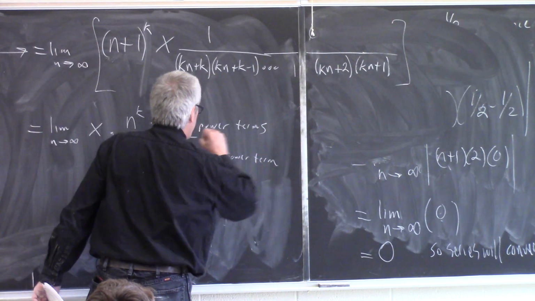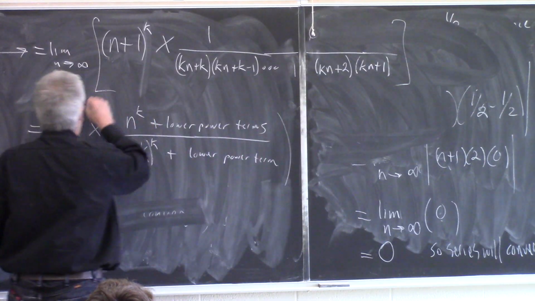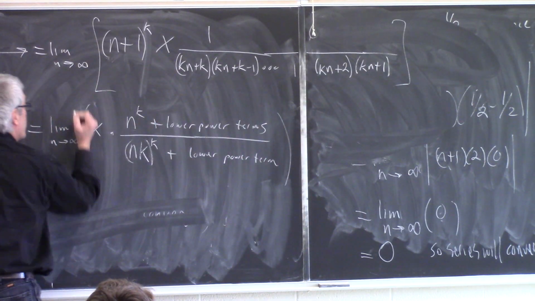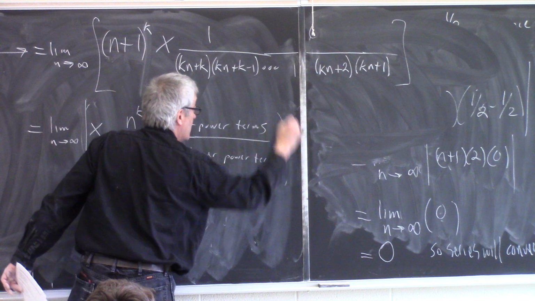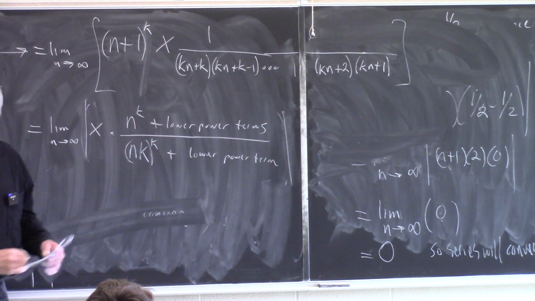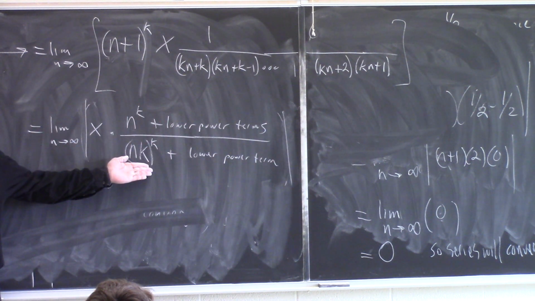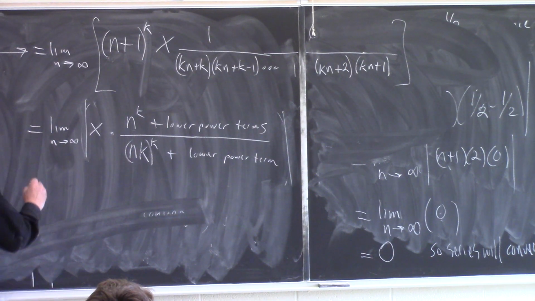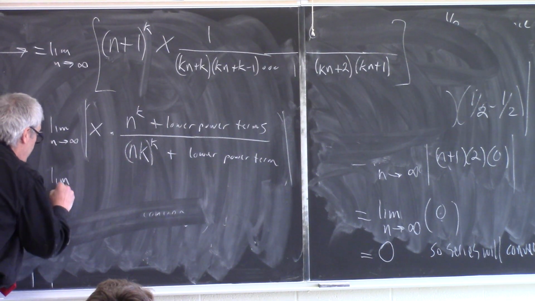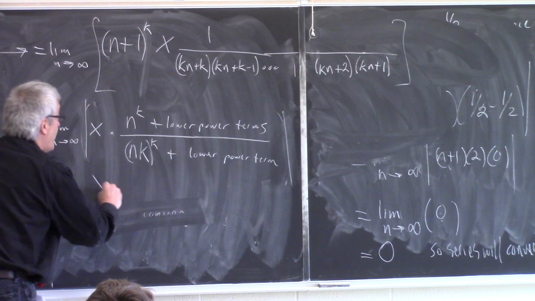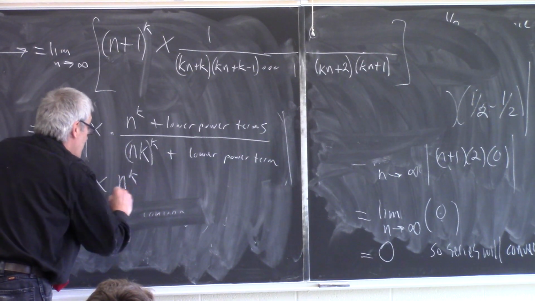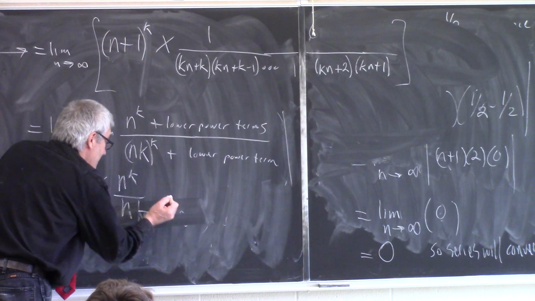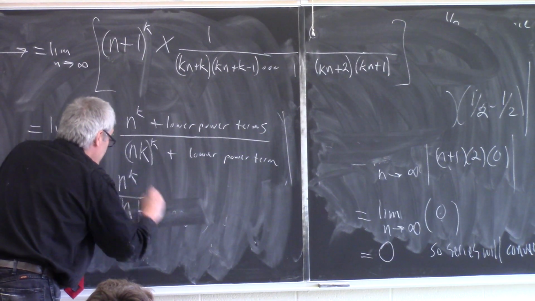It's just going to be a big, ugly polynomial, but when you take the limit of something like this, the lower power terms don't matter, so I can just ignore them. So this is the limit as n goes to infinity of x times n to the k over kn to the k. Isn't that beautiful?